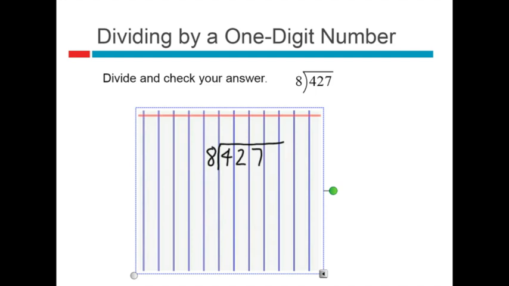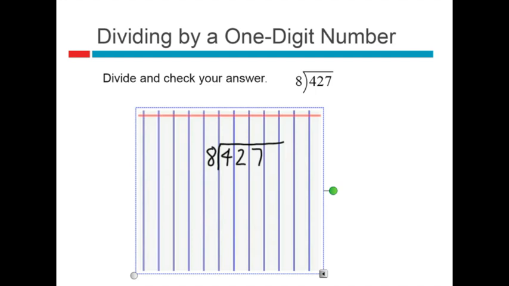So I have 7 ones, 2 tens, 4 hundreds divided by 8 ones. This helps me keep the place value system in my mind as I work. I find that students have a really great time working with division problems this way. So it organizes our work.